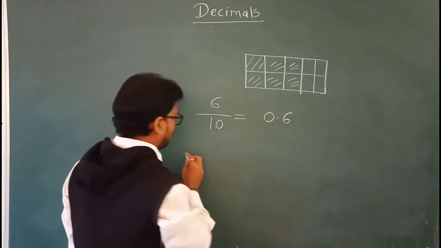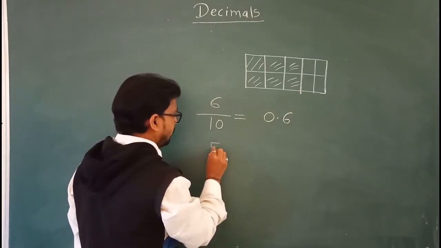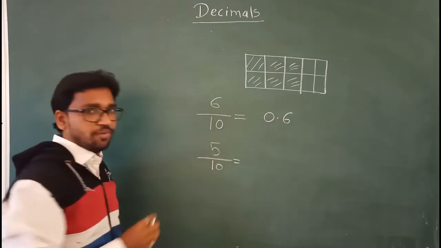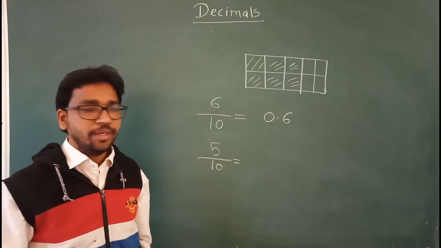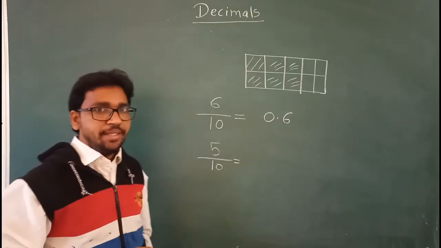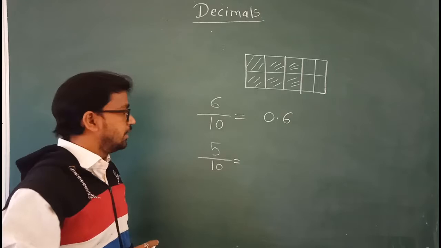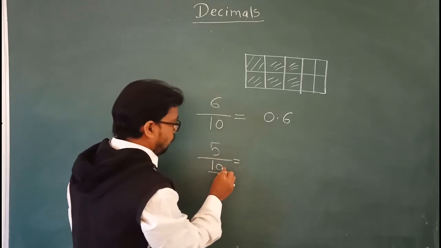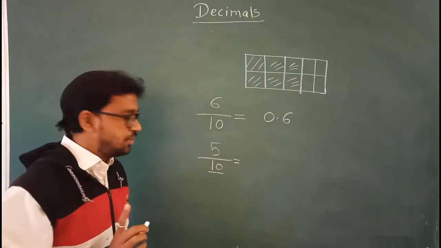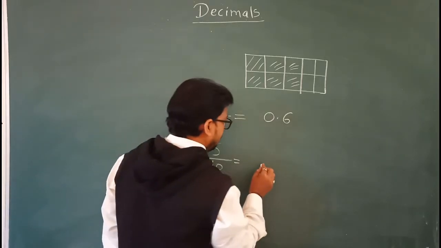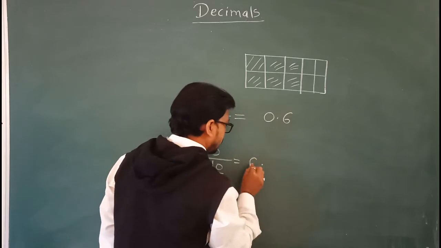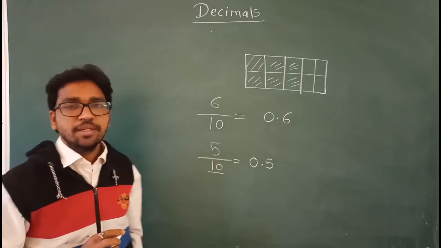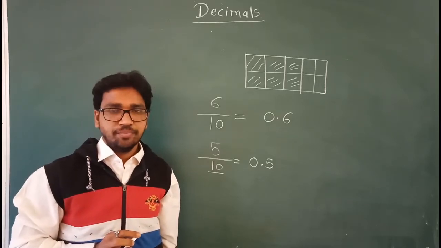Suppose, one more example I will explain to you. Here it is 5 at the numerator and 10 at the denominator. It is 5 by 10. Okay. So, how to write 5 by 10 in decimal form? Here only one 0 is there, right? That's why we take 0.5.